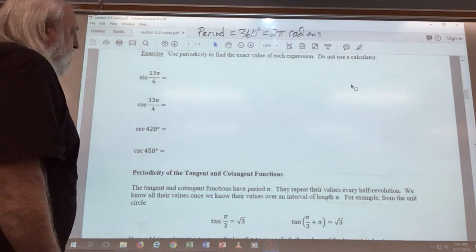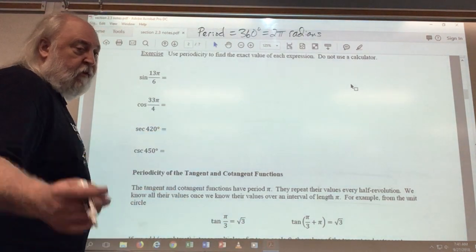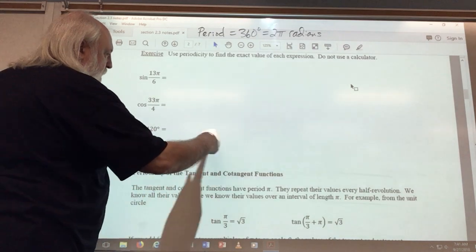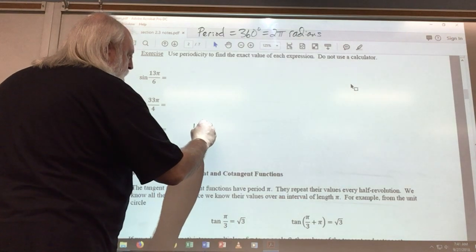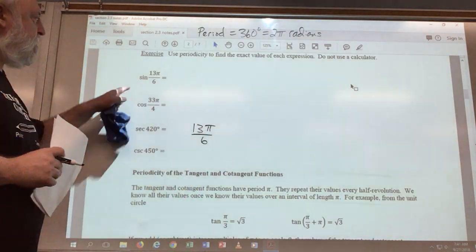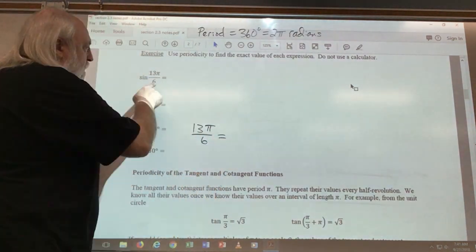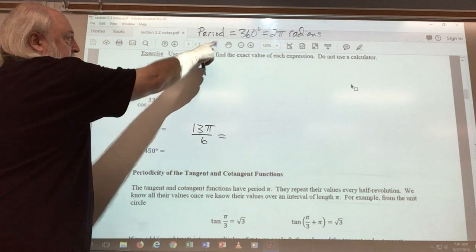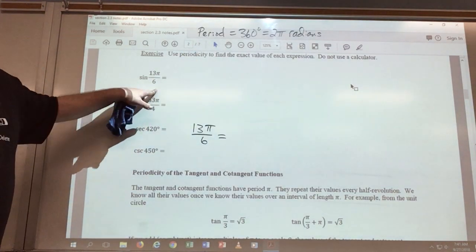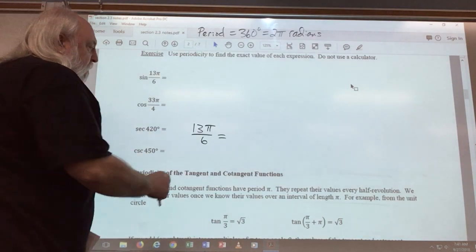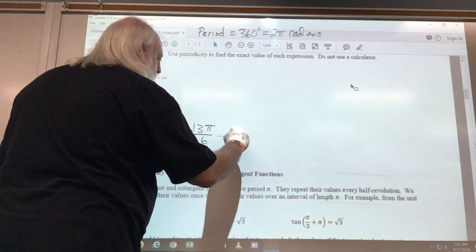I only have one whiteboard to work with on the video camera, so I'm going to do some writing down below here. The sine of 13 pi over 6. I can subtract 2 pi, which is equal to 360 degrees, from that angle, and it doesn't change the value of the sine function. So 13 pi over 6 minus 2 pi.